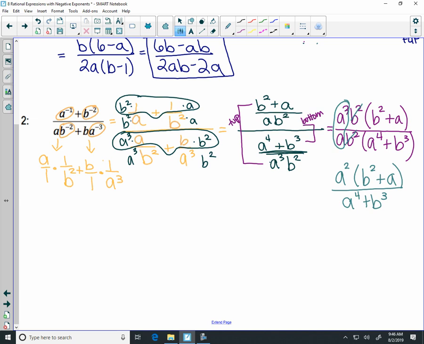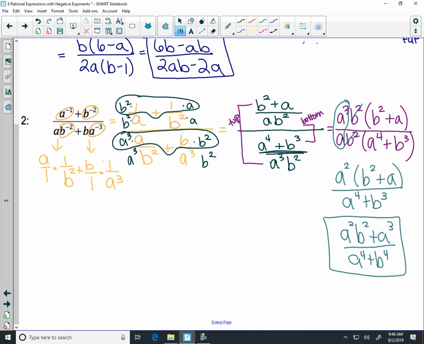And that is as simple as that guy is going to be. So you can multiply and add a squared if you would like. So you would get a squared b squared plus a cubed over a to the 4th plus b to the 4th. Or you can leave it factored out. They're equivalent.